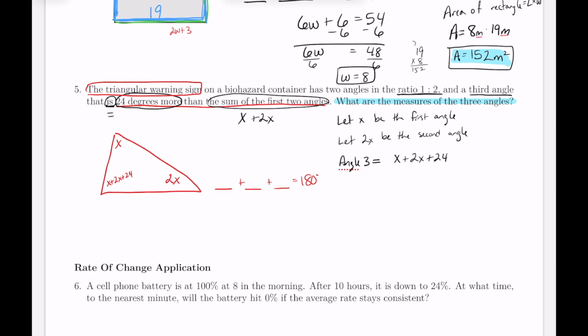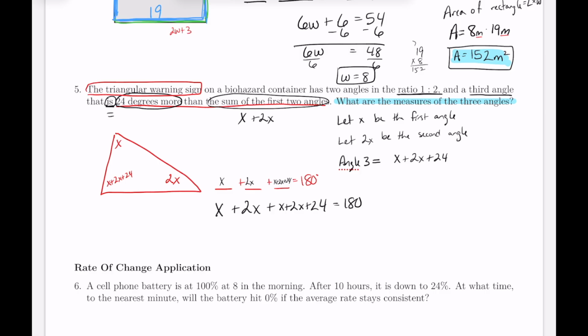So now if we add x, whoops, let's not do that. If we add x plus 2x plus x plus 2x plus 24 equals 180. There. Now I finally have an equation. X, I'll write this a little bigger, plus 2x plus, and then this is x plus 2x plus 24.